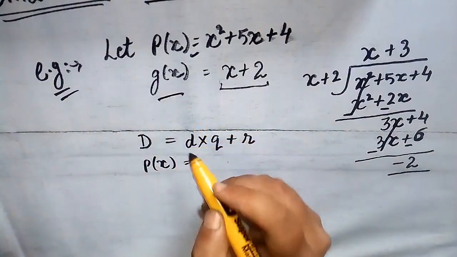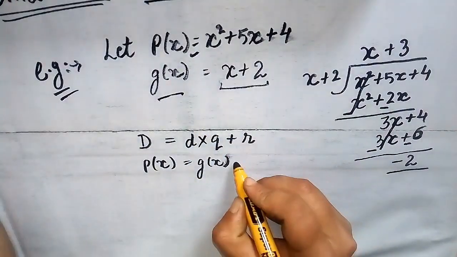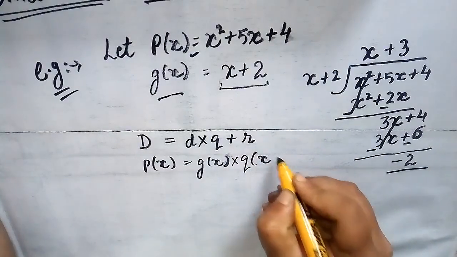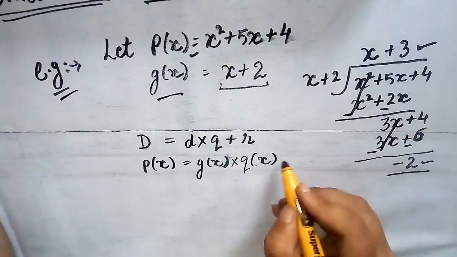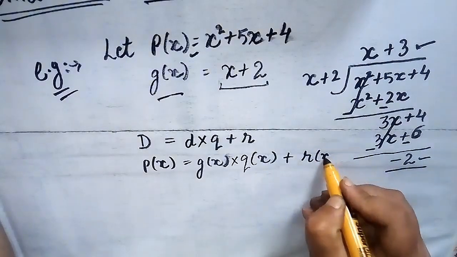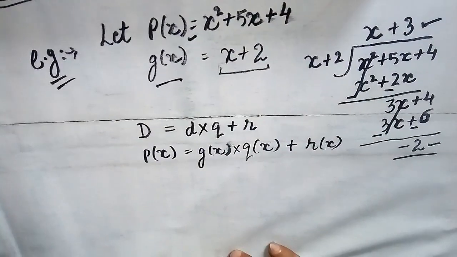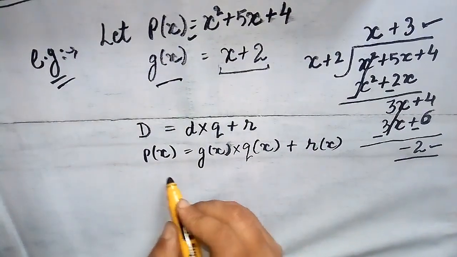So you can write dividend is p(x) equals divisor g(x) into quotient q(x) plus remainder minus 2, which is also a polynomial, so you can write r(x). Minus 2 is a constant polynomial.